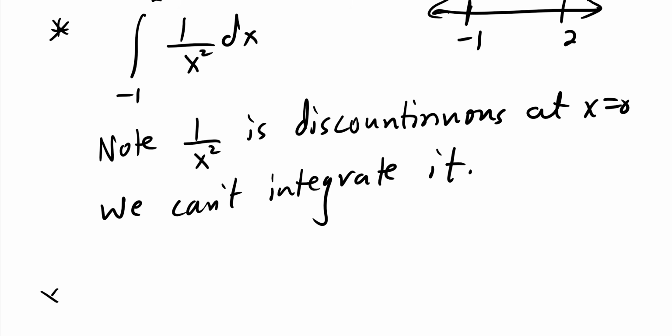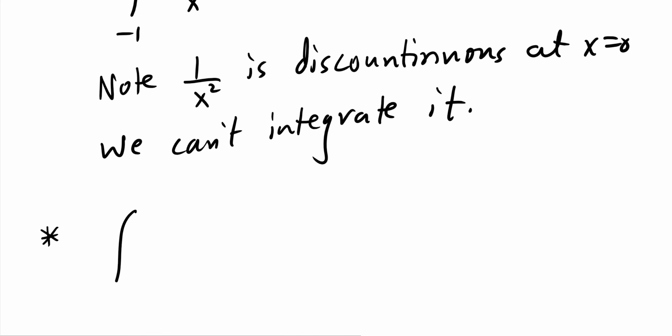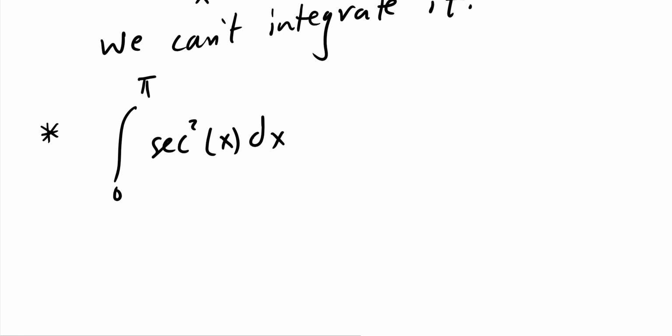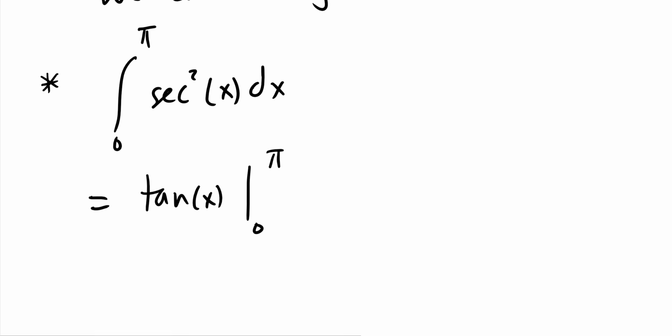Another thing, if we look at the integral from 0 to pi of secant square x dx. People say the antiderivative of secant square is tangent. Yes, that's correct. But tangent is not defined at pi over 2.